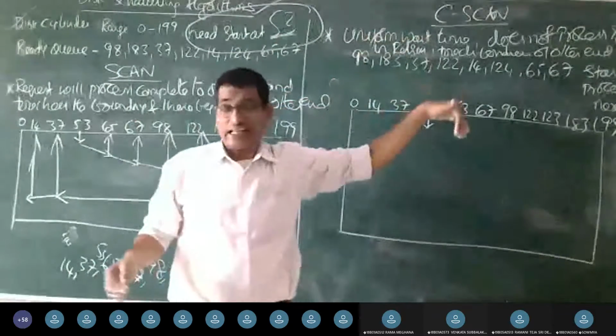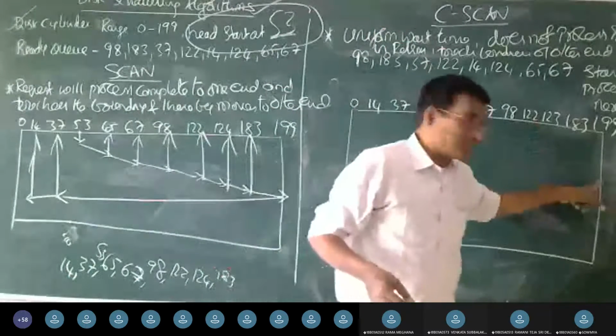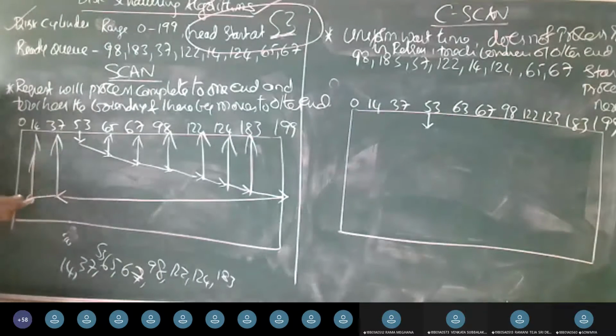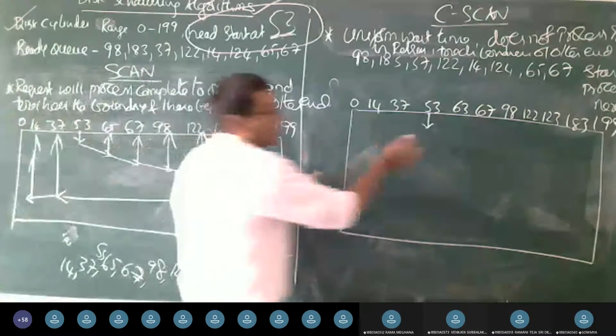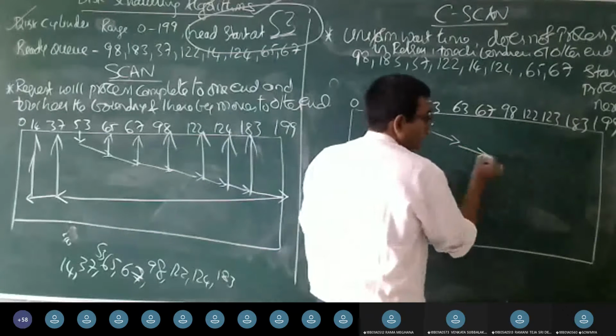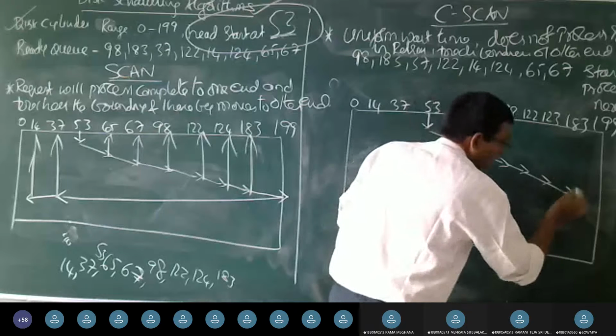Now, what is the C-scan algorithm? It is going towards the boundary. After it touches the boundary, it will touch the other end rather than processing 14 or 37. I will show you with an example. So it goes processing 65, 67, 98, 122, 124, 183.